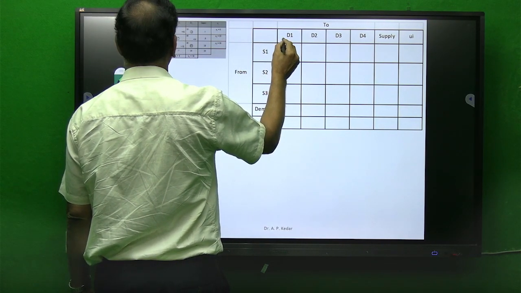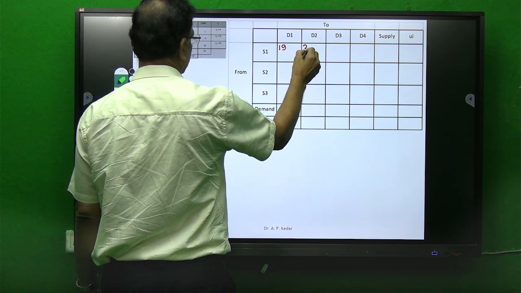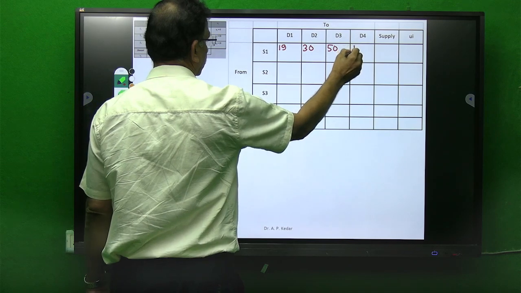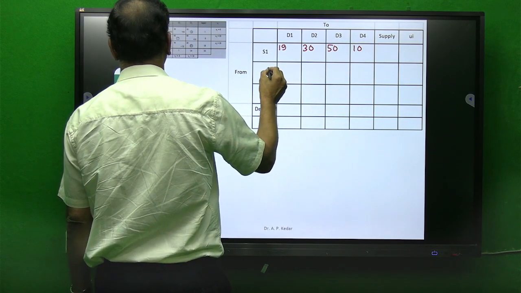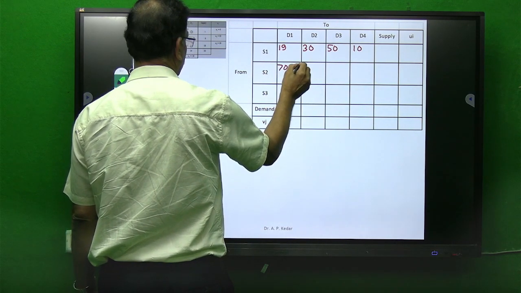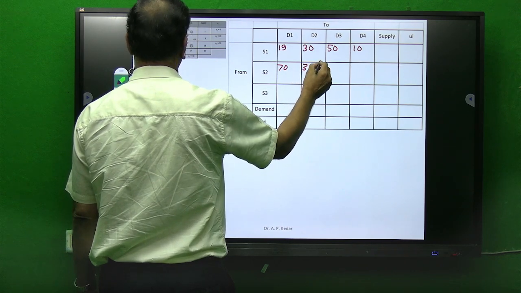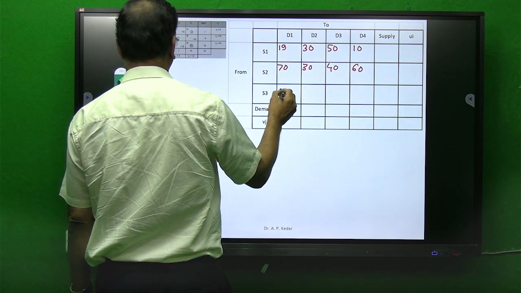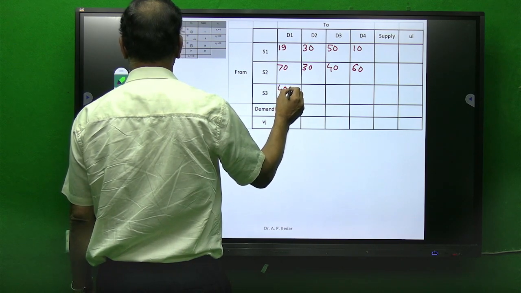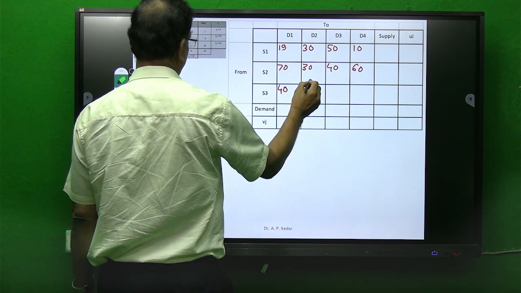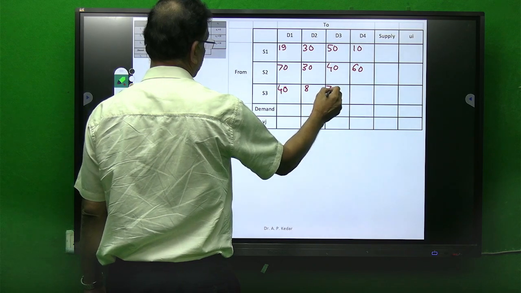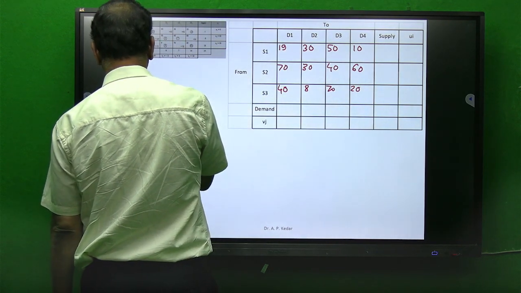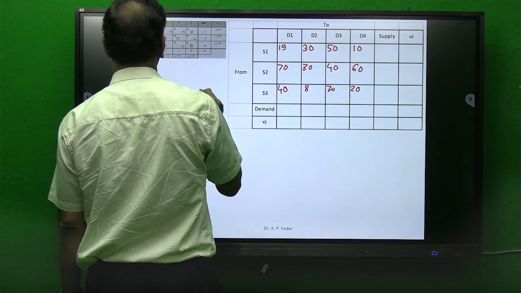These are the cost values I am writing. 19, 30, 50, 10, 70, 30, then 40, 60, then 48, 70, 20, and new values of allocations that we'll write precisely.